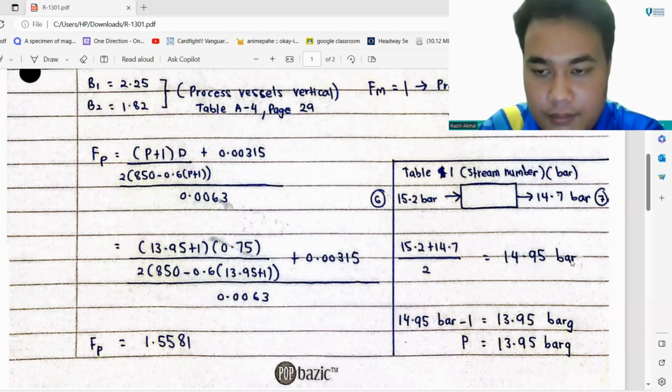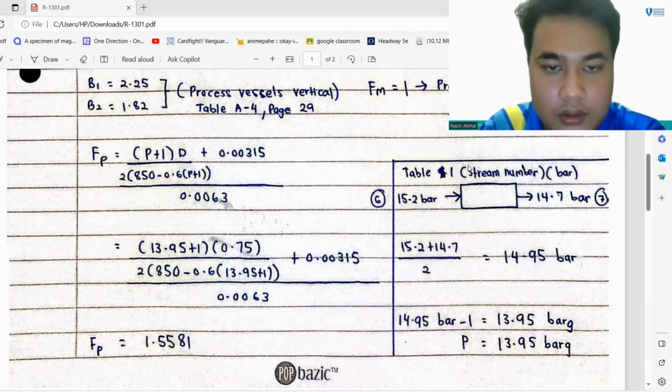We get a pressure of 14.95 bar, minus 1, so P equals 13.95 bar. Then we calculate everything together using the formula for FP vessel. We get the answer for FP, 1.5581.